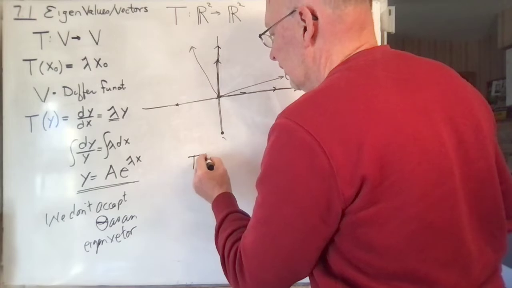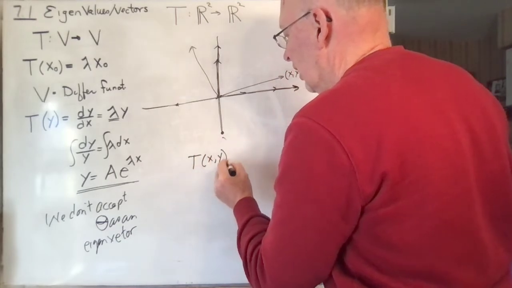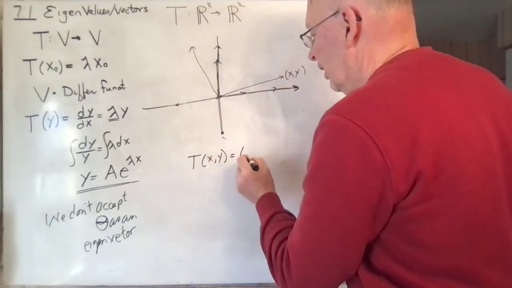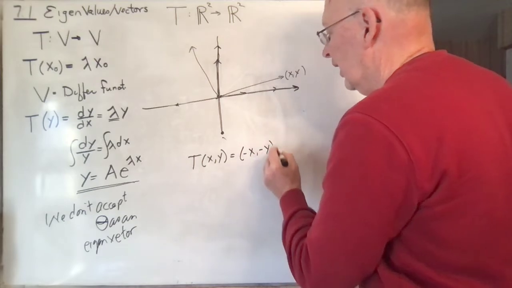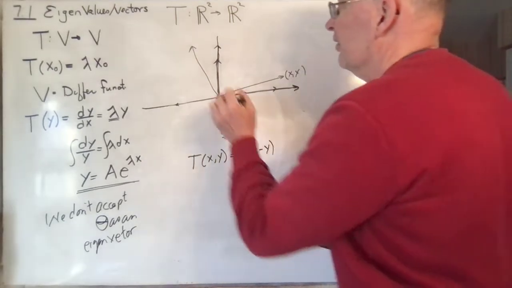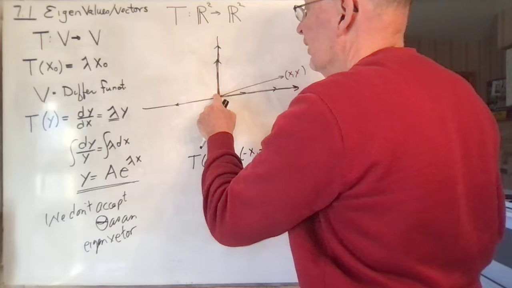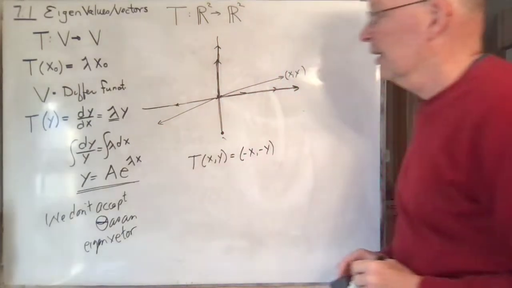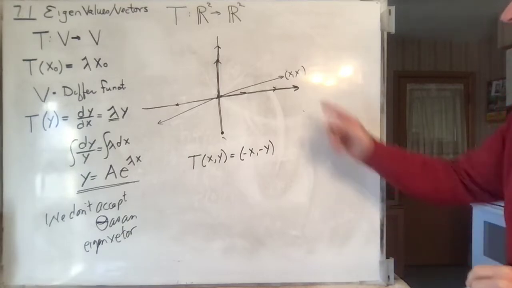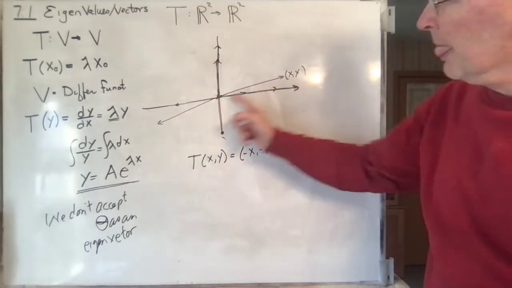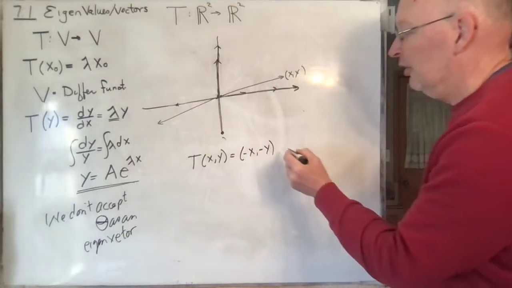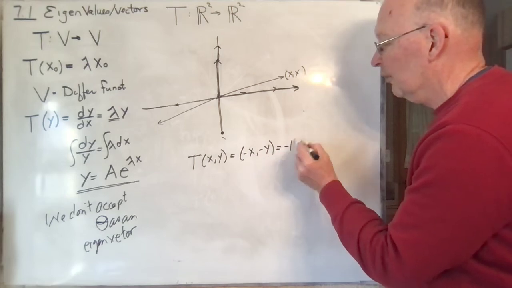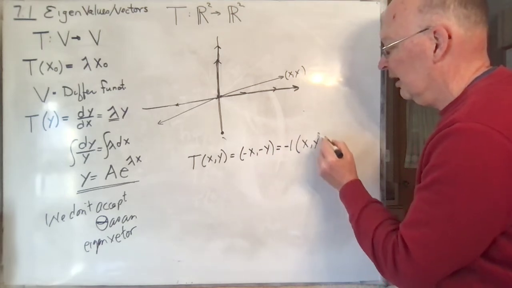How about T of xy is equal to negative x, negative y? So now what it does is it takes every vector and sends it in exactly the opposite direction. Okay? Notice that is going to be negative 1 times xy.